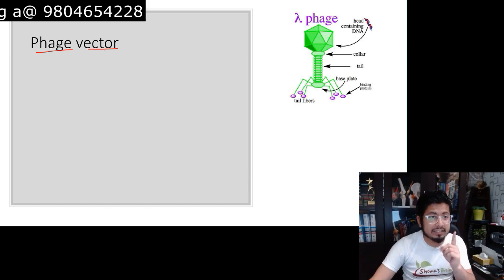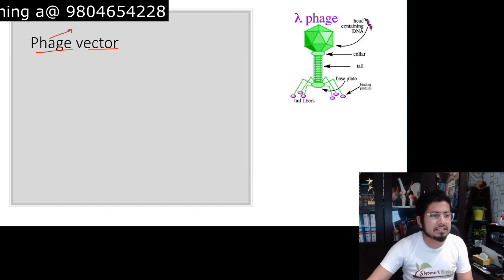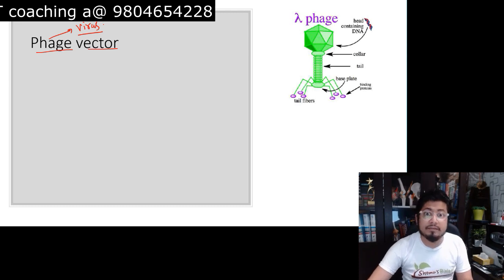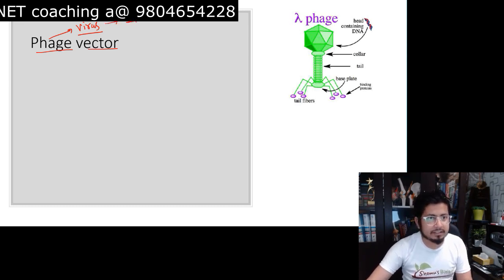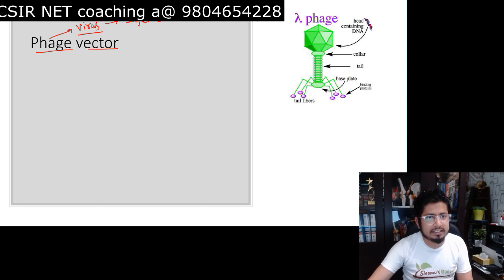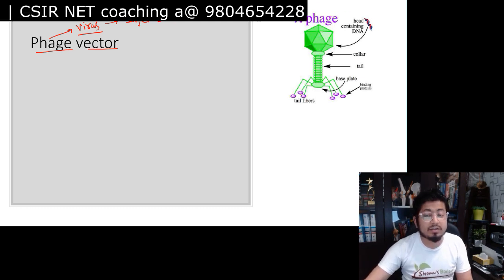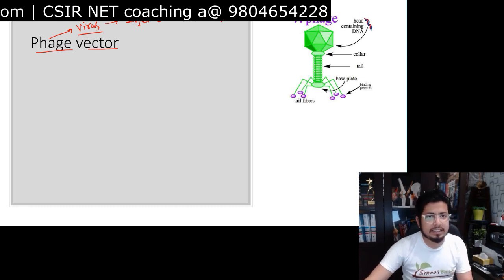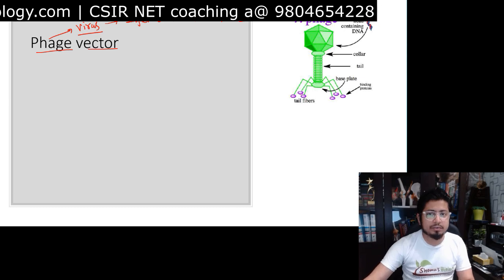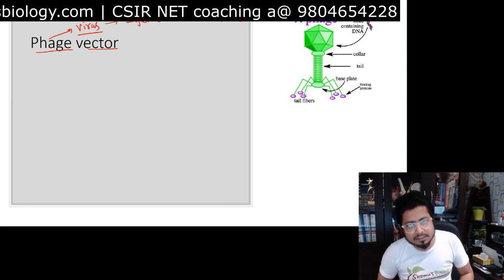But remember, there's a big catch. The catch is that the phage is a virus for bacteria. So the phage will infect bacteria, and as it can infect bacteria, it can cause disease in bacteria, it can kill the bacteria. That is the biggest challenge to use phage as a gene delivery system.